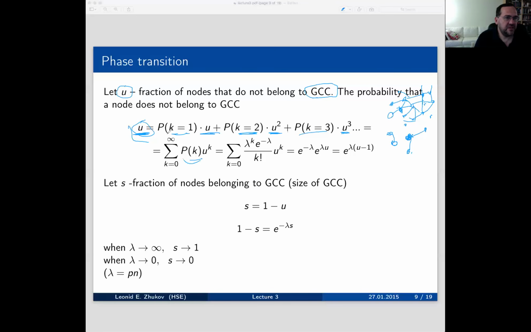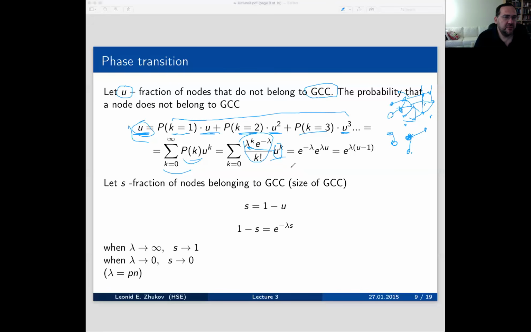So this is pretty much the sum. It's this expression just written as a sum. And if instead of P of K, I substitute Poisson, that's what I get. But now you can easily see that you can take u to the k and combine it with lambda to the k.